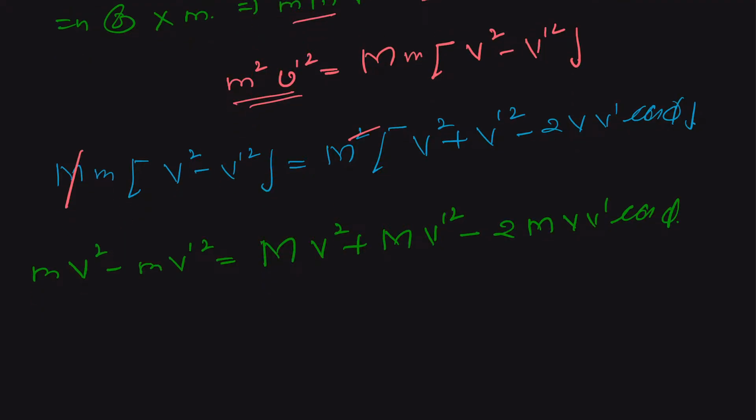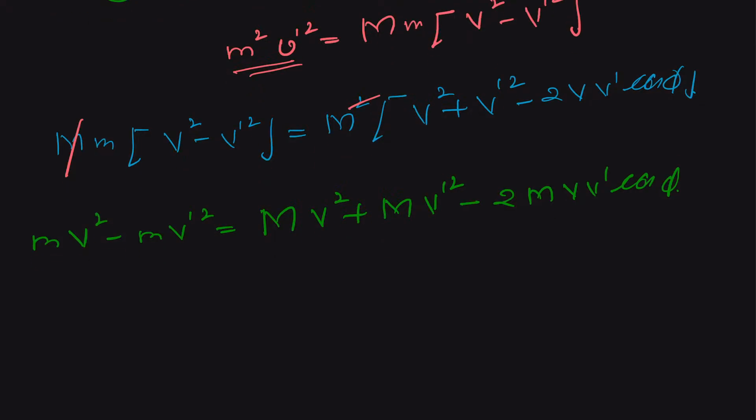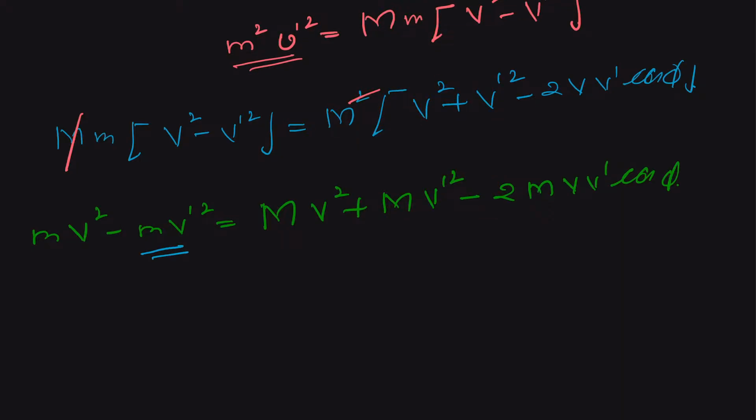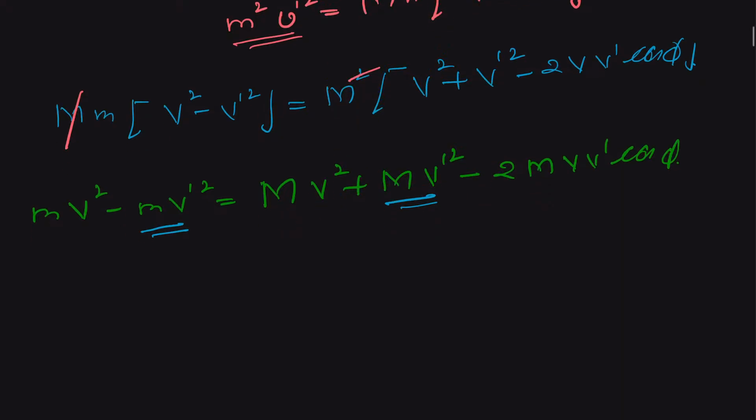And now we can make it a quadratic in terms of v prime. So we have v prime square here as well as v prime here.